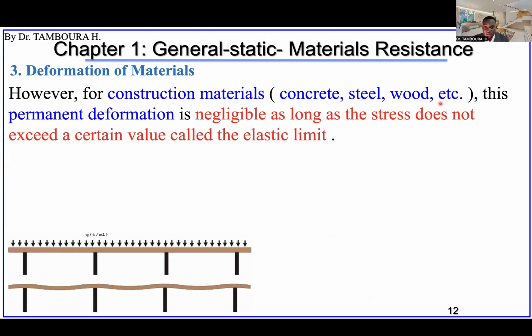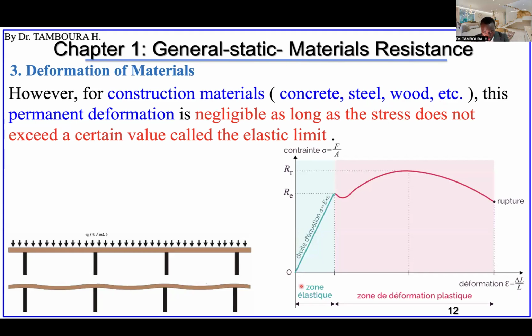So for these materials, the permanent deformation can be neglected as long as the stress does not exceed a certain limit. The limit we call here elastic limit. What is elastic limit? Elastic limit is, for example, this. You can see here two colors, green zone and red zone. Okay, this is in French, but I think you can understand easily.